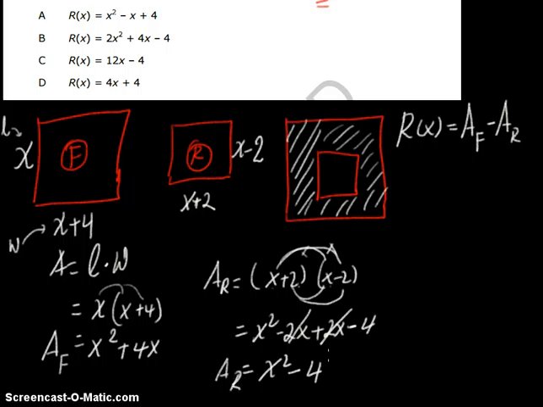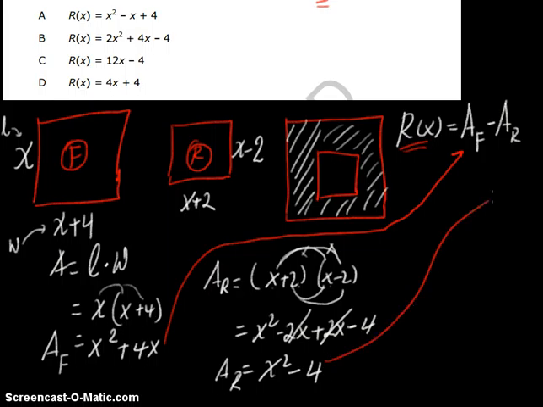Now we just have to plug these two pieces of information into our expression, the area of the floor that's not covered by the rag. So I'm going to plug this one right here, and this one right here. When we do that, this is what we're going to get: x squared plus 4x minus, and I'm going to put the rag's expression in parentheses, because this minus is not just for x squared, it's also for the 4, so we're going to distribute it.